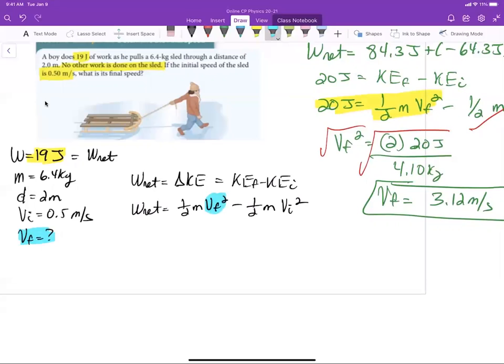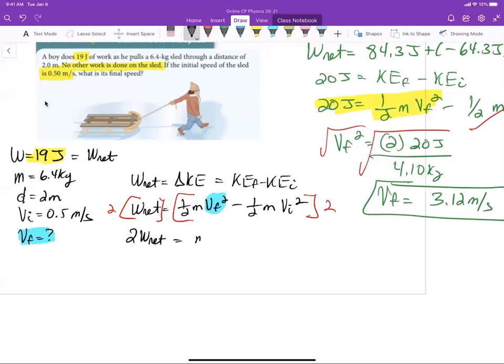I can't cross anything out, by the way. The initial velocity is not 0. So I don't like working with fractions. So I'm going to multiply the left-hand side by 2 and the right-hand side by 2, and I'm going to get rid of those fractions. So I get 2 times the work net, which we know is 19 joules, and we'll fill that in.